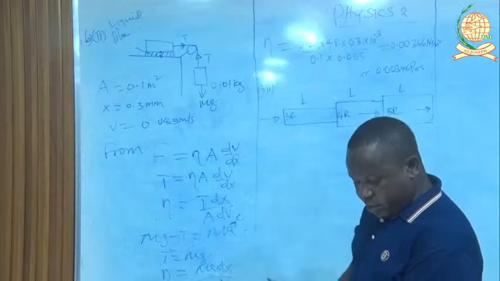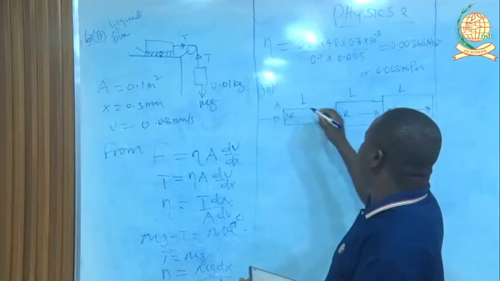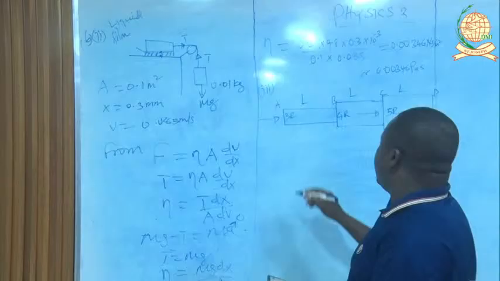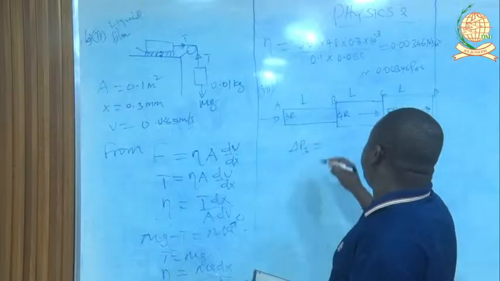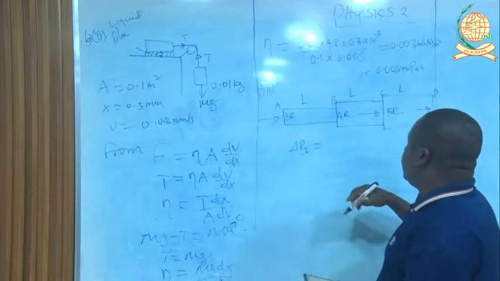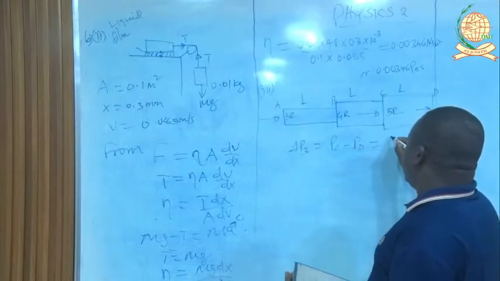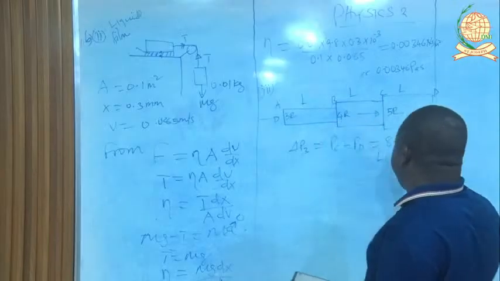If the pressure across the third capillary, so if this is the point A, B, C, D, that is the third capillary, then the pressure difference, which is equal to PC minus PD, is given to be 8.1 millimeter of liquid, which is flowing in.